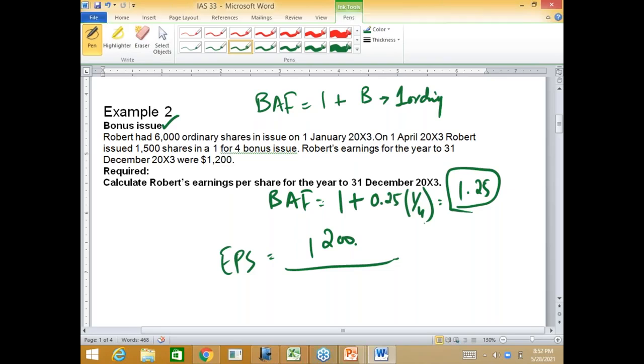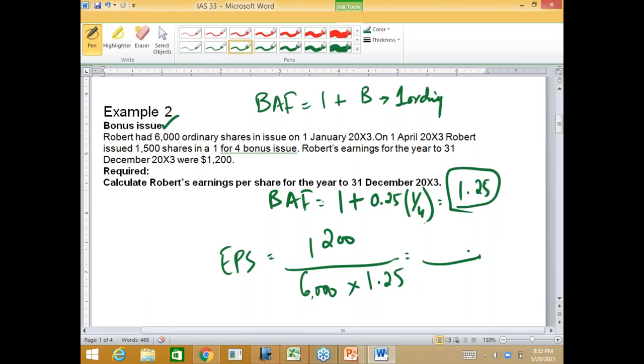1200 will be shown in the numerator as earnings. In the denominator, the company has got 6,000 shares, and the bonus was issued on 1st April. So you don't need to multiply it with the time period. You simply need to multiply the shares outstanding with the bonus adjustment factor.